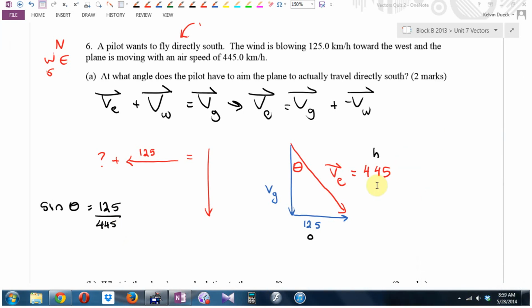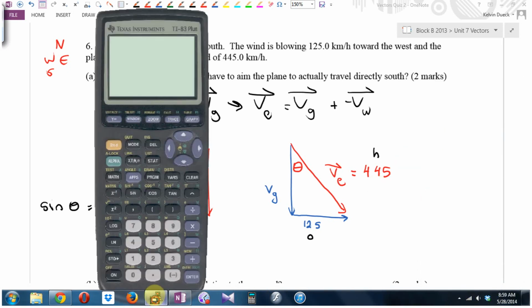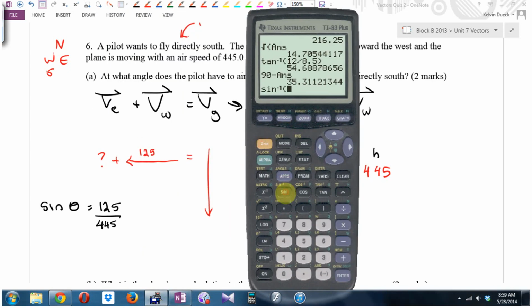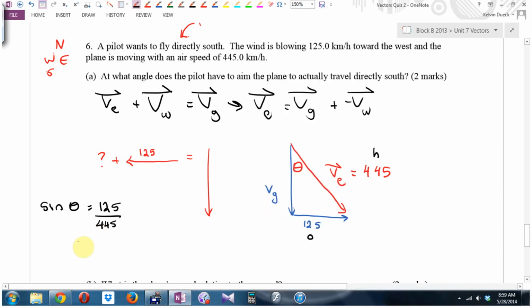Anyways, sine. 16.3? Yeah? So what they wanted was theta, so 16.3 degrees.